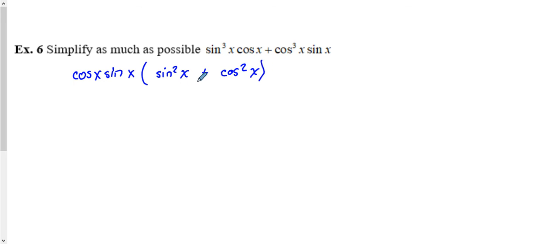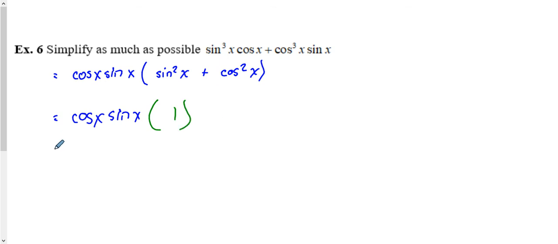So right away, I factored. From factoring, though, you can double check your Pythagorean identities. This sine squared x plus cos squared x is a Pythagorean identity. That's the same thing as saying just 1. So here we have cos x sine x, and that was multiplied by 1 because that was our Pythagorean identity.